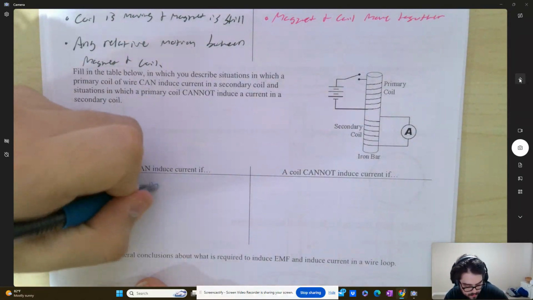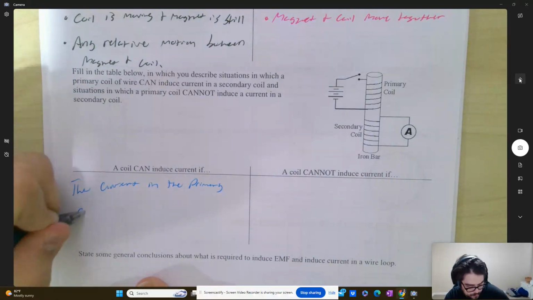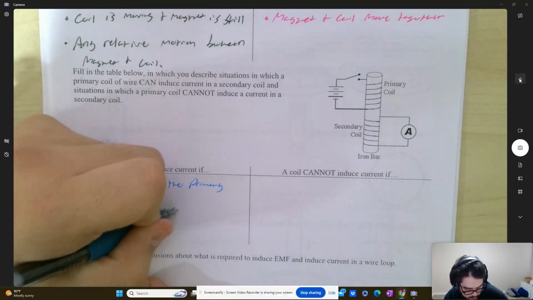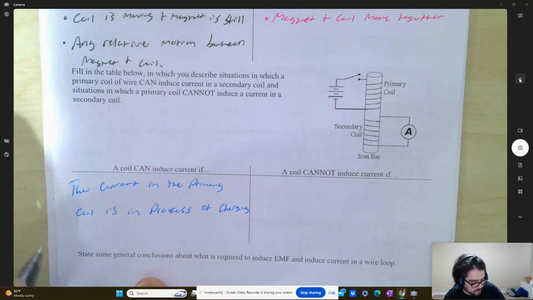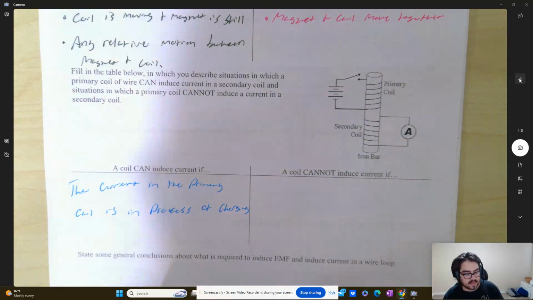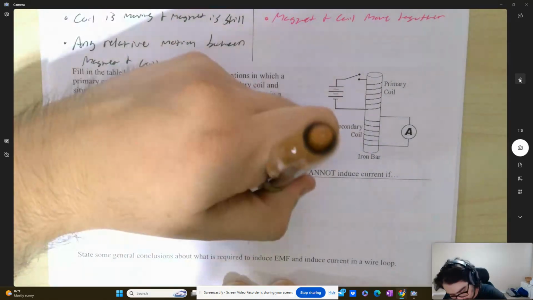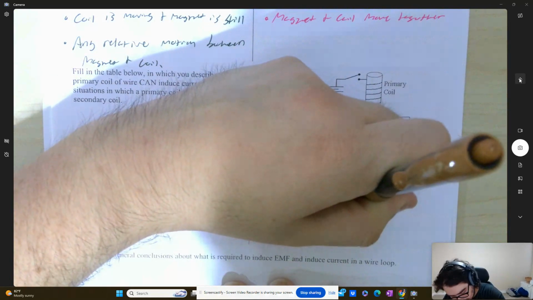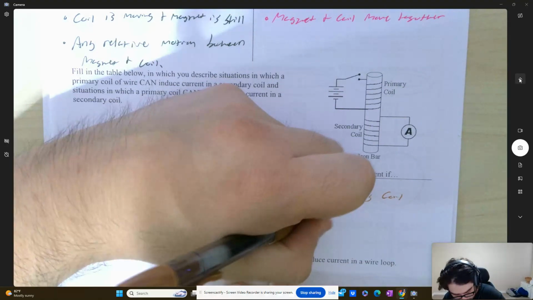Okay. A coil can induce current if the current in the primary coil is in the process of charging, but it cannot induce current if the current in the primary coil is constant.